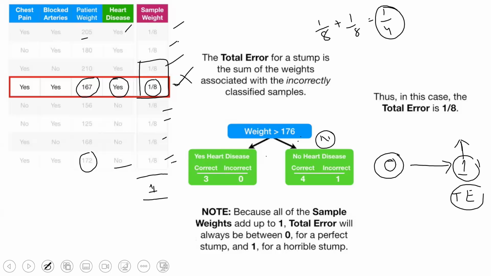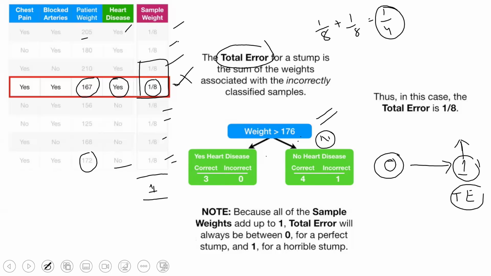In that case, what should be the amount of say for that particular stump? It should be very low, right? It's a simple thing. If the total error is low, then the stump is working very well and doing a great job, so it should be given more weightage.